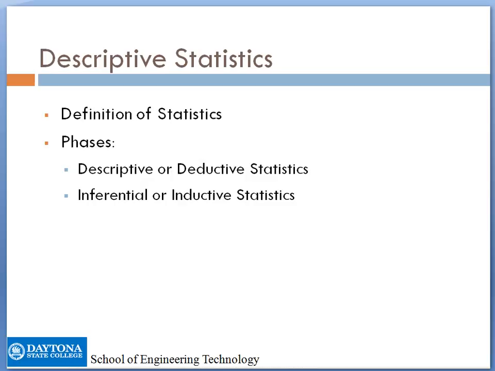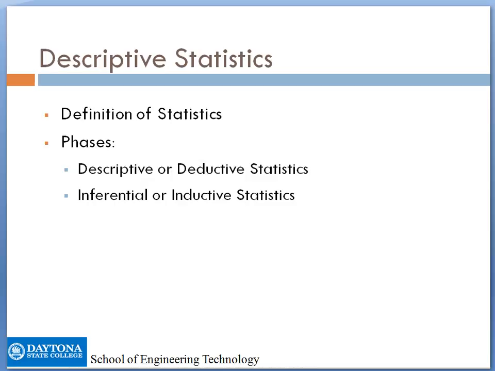Now, statistics has two phases. The first one is the descriptive or deductive phase, and the second one is the inferential or inductive phase. The first phase describes and analyzes a subject or a group, and you can figure out by its name, descriptive.